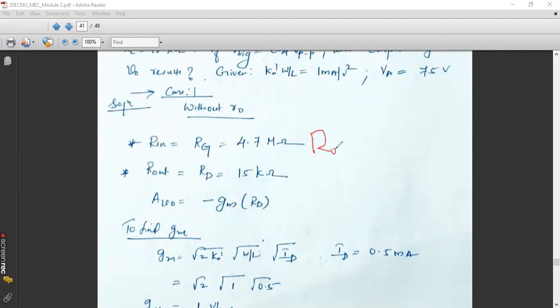R out equals RD. Okay. If I am considering R0 it will be RD parallel R0, but right now we will go with R out equal to RD. Without R0 case means R out is equal to RD. And RD is also given in the question, it is 15 kilo ohm.